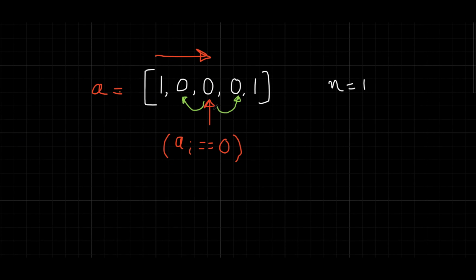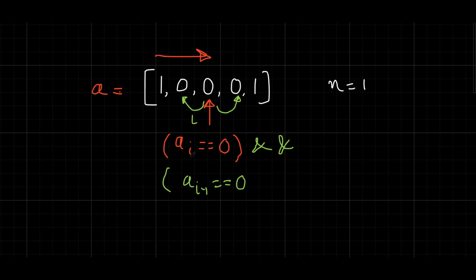Suppose at first we are checking the left condition. So we are using the AND operator here. Now the left condition is, first we have to check whether the value of a of i minus 1 will be 0 or not.